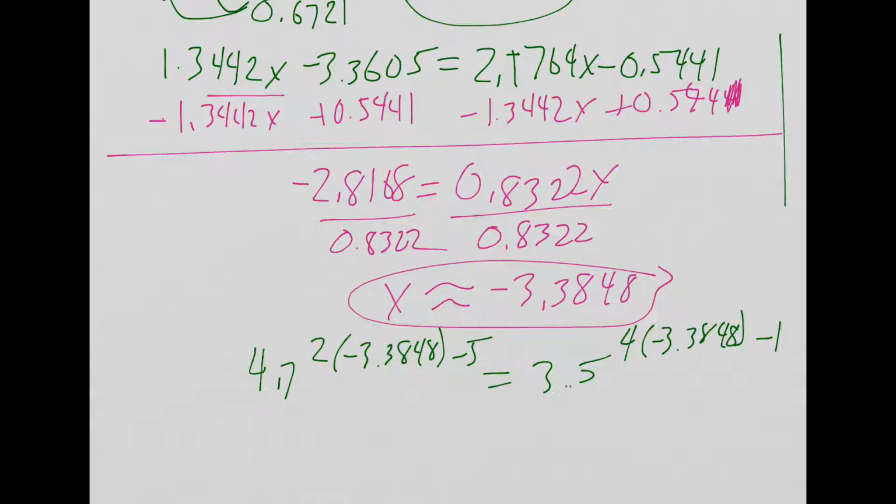And if I do this, I'm going to end up with 1.23 times 10 to the negative 8 equals 1.23 times 10 to the negative 8, which checks. Both sides are equal. This is probably the messiest problem to work with of all these equations we're going to solve. Work through it carefully, and it should be fine.